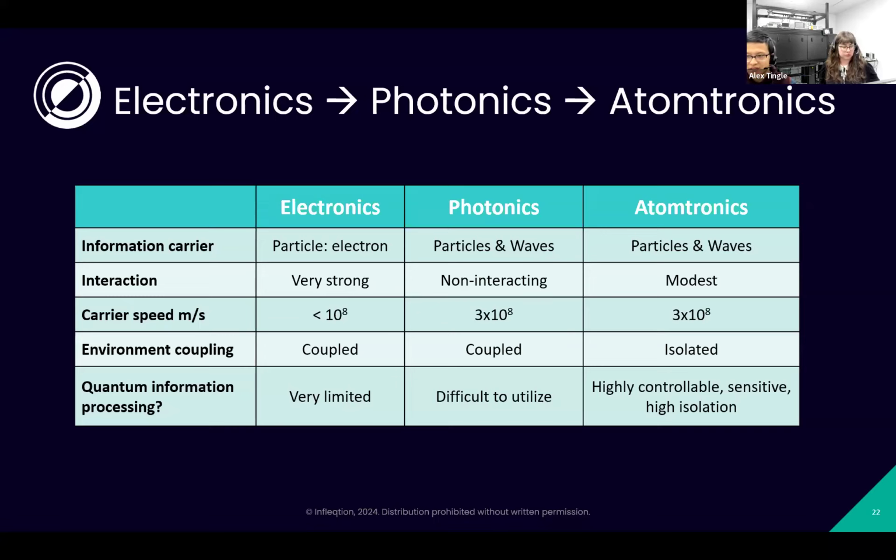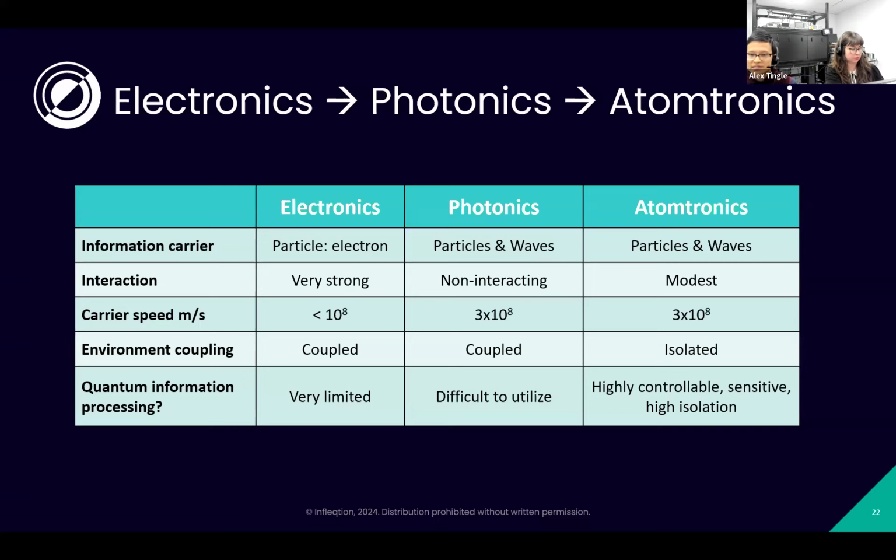Photonics, on the other hand, utilizes photons, which move at the speed of light and are typically non-interacting. Atomtronics involves atoms, which interact modestly and also move at the speed of light in wave-like states.